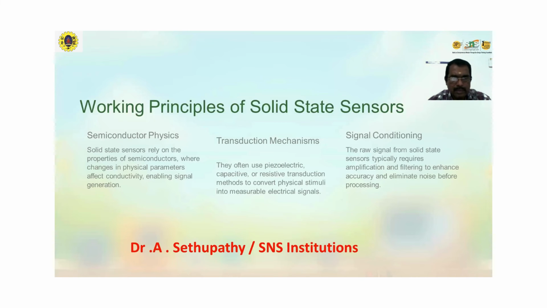In the working principle, it is divided into three parts. One is semiconductor physics, another is transduction mechanism, and finally signal conditioning. Semiconductor physics is the properties of semiconductors. Physical parameters affect conductivity, enabling signal generation.